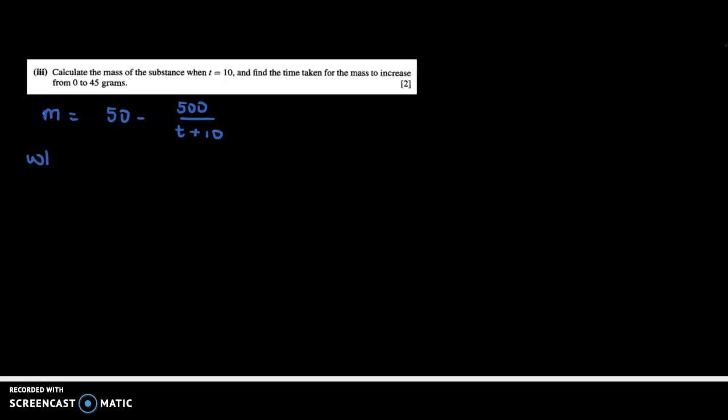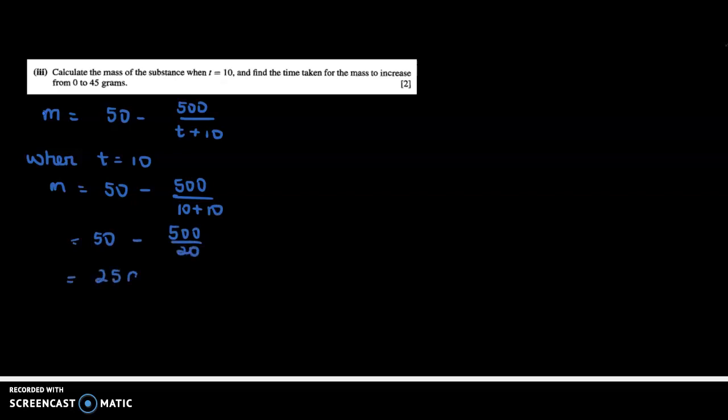So when t is equal to 10, m is equal to 50 minus 500 all over 10 plus 10. That's 50 minus 500 divided by 20, and that will give us 25 grams.